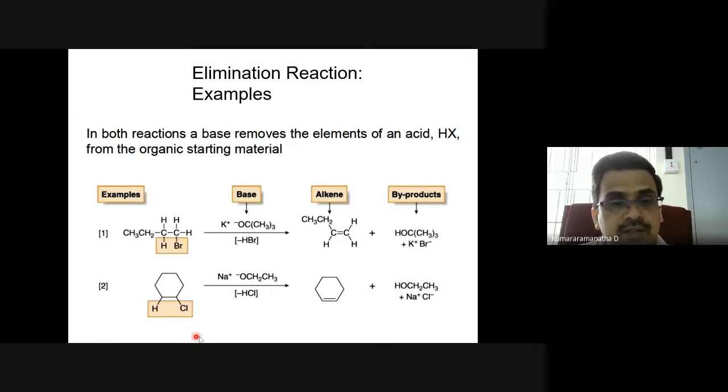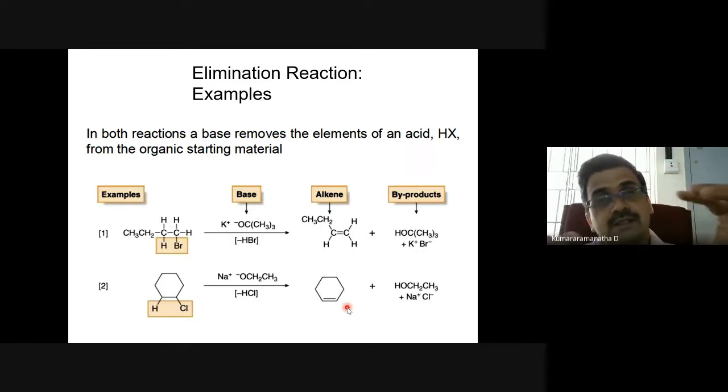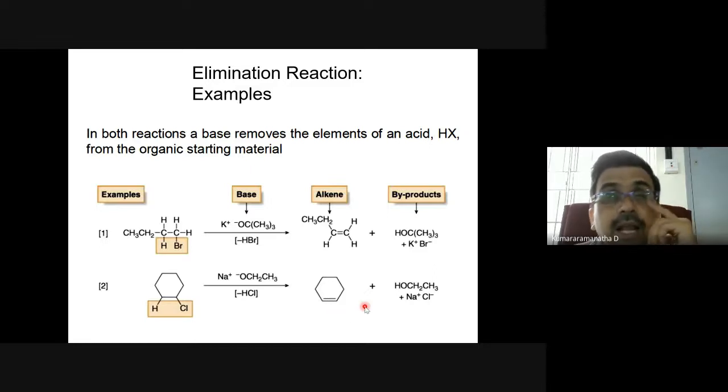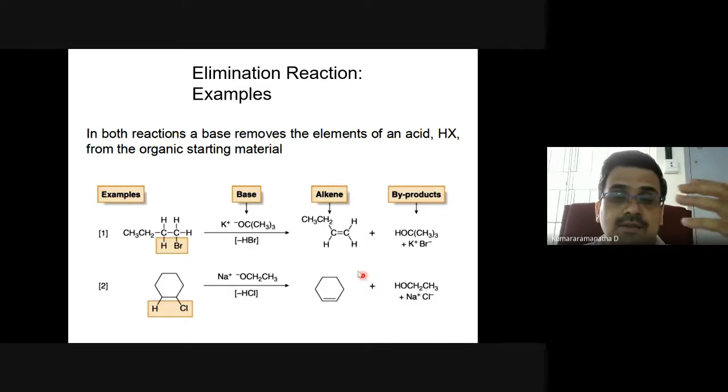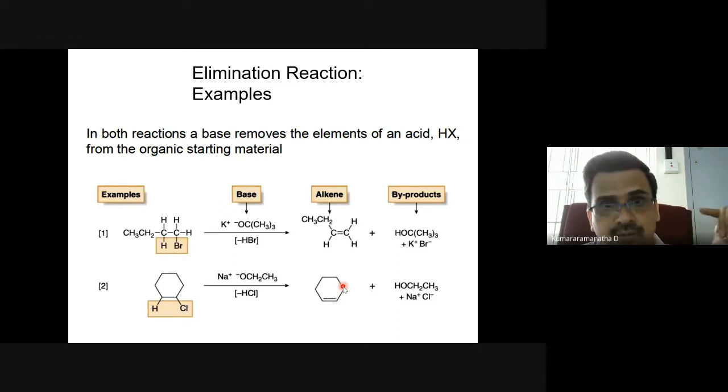Then you can see that in chloro substituted cyclohexane, you remove hydrogen and chlorine, and you get a cyclohexene molecule with only one double bond. Do remember we have discussed this molecule in aromaticity. What is the heat of hydrogenation for cyclohexene if you have one double bond? So these are some things about elimination reactions.